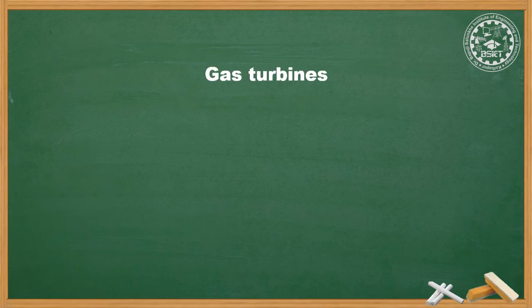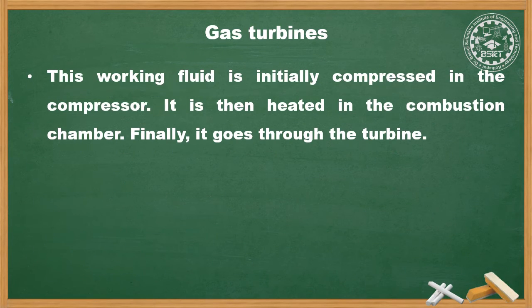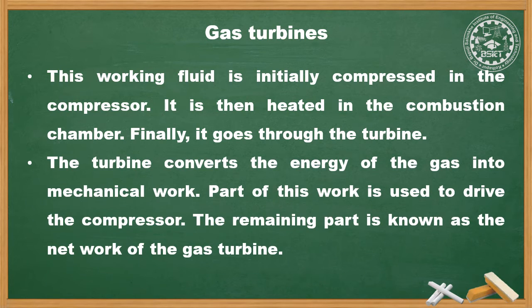The gas turbine's working fluid is initially compressed in the compressor, then it is heated in the combustion chamber, and finally it goes to the turbine. The turbine converts the energy of gas into mechanical work. Part of this work is used to drive the compressor, and the remaining part is known as the net work of the gas turbine.